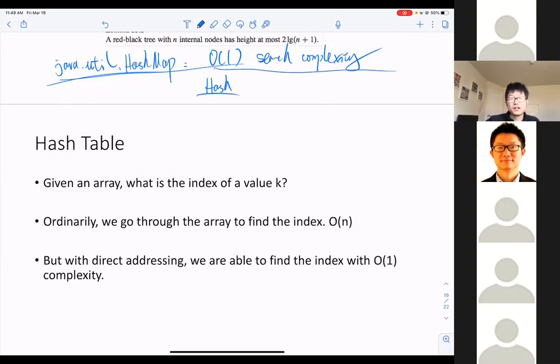Do you know what is nowadays the most famous application of hash? Come on, you should have heard about it.